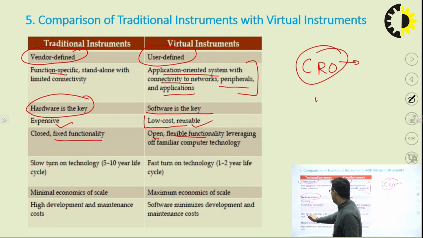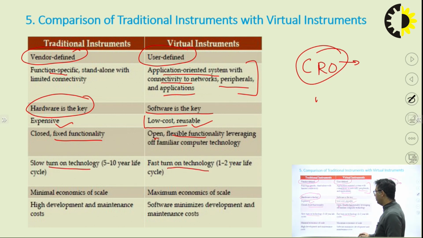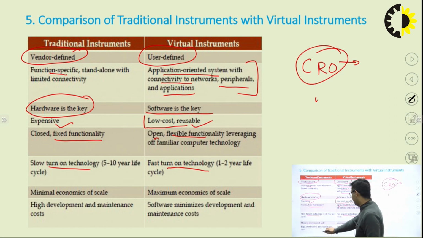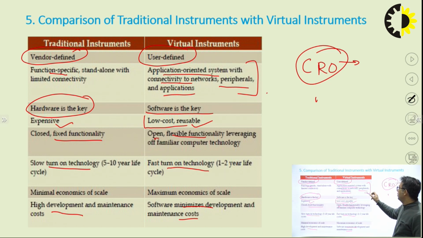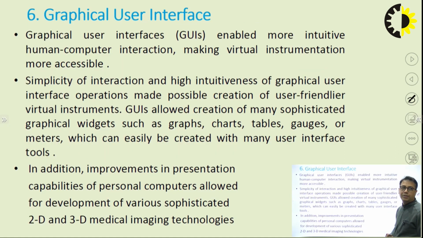It is slow turn on technology. It is fast turn on technology. Its development and maintenance cost is high. Its software minimizes the development and maintenance cost of virtual instruments. So these are the basic advantages of our virtual instruments.